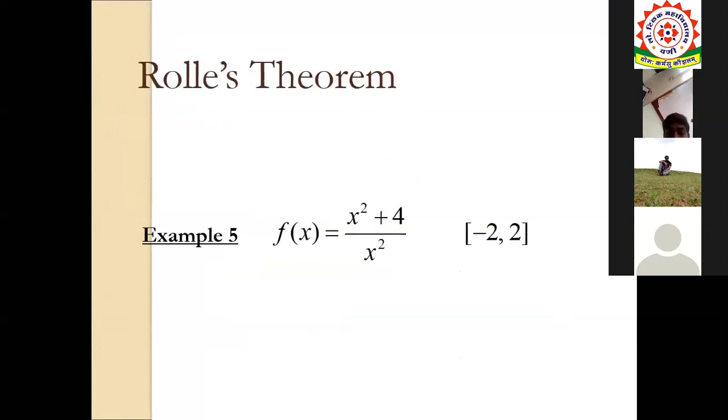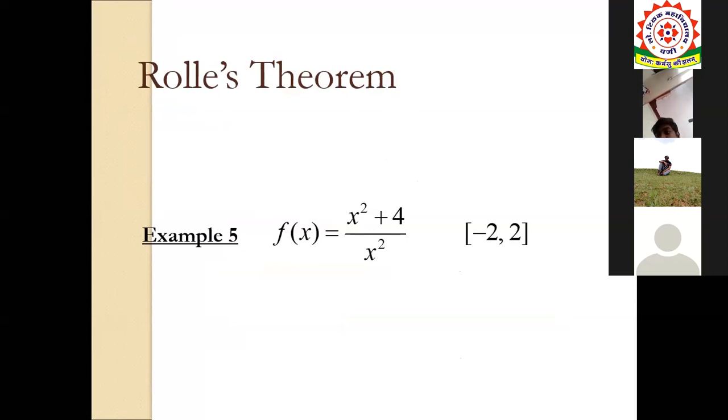Another example, x square plus 4 upon x square. Is it continuous? Yes. Differentiable? Yes.